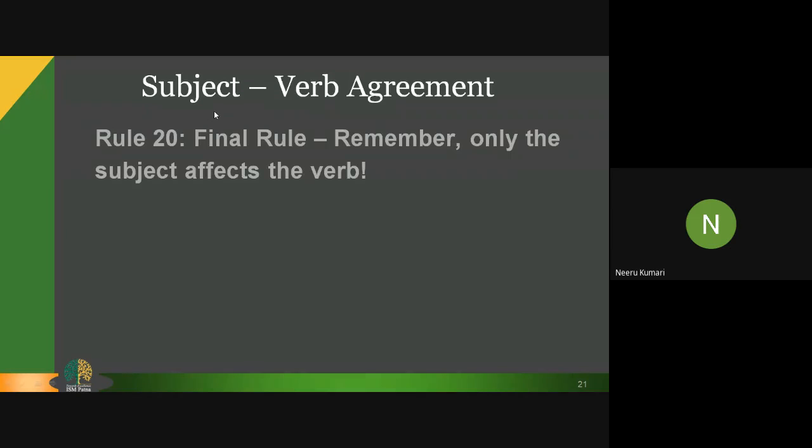So please remember this. This is the thumb rule. Subject matters a lot. If you cannot identify the right subject, you will not be able to identify even the right verb. All right, so that's all in the session related to subject verb agreement.